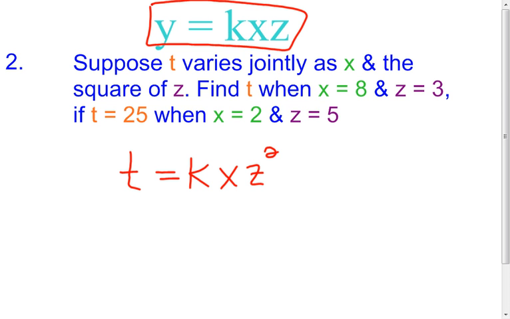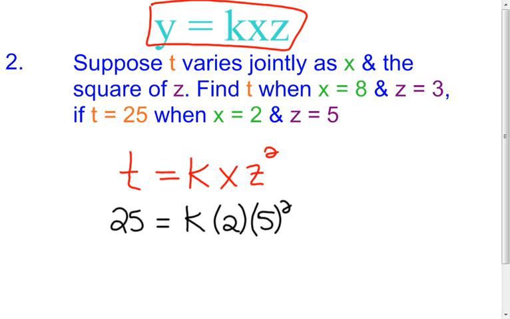The first thing I'm going to do is plug in what I know at first to figure out what my constant is. So it says find t when x equals 8 and z equals 3 if t equals 25. So if t is 25, I don't know my k. I know that x is 2, and I know that z is 5.